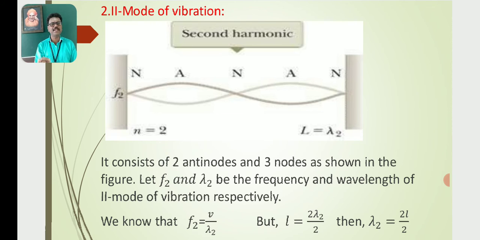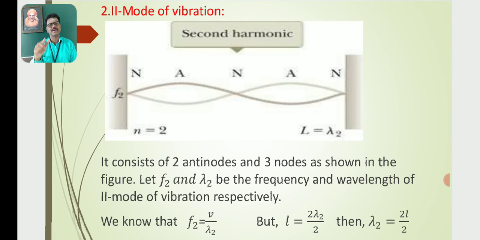Let F2 be the frequency of the second mode of vibration, and lambda 2 be the wavelength of the second mode. Again, we know the relation between frequency, velocity and wavelength, V is equal to F lambda, so F2 is equal to V by lambda 2.